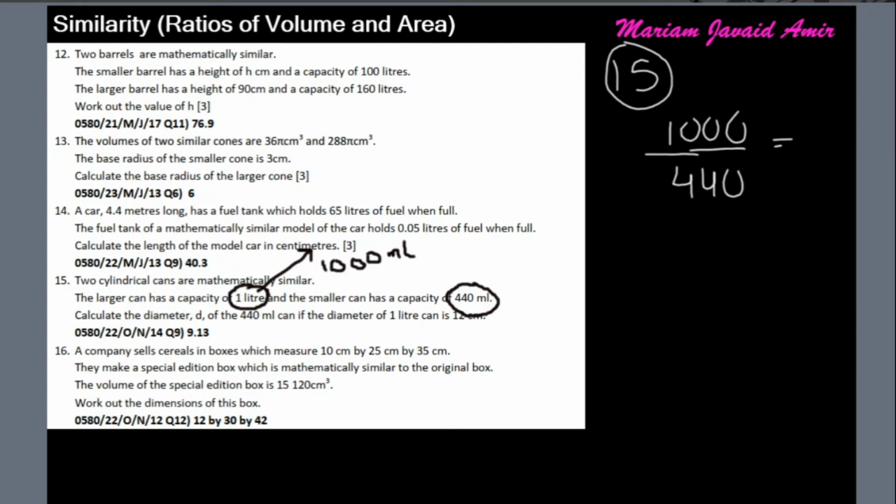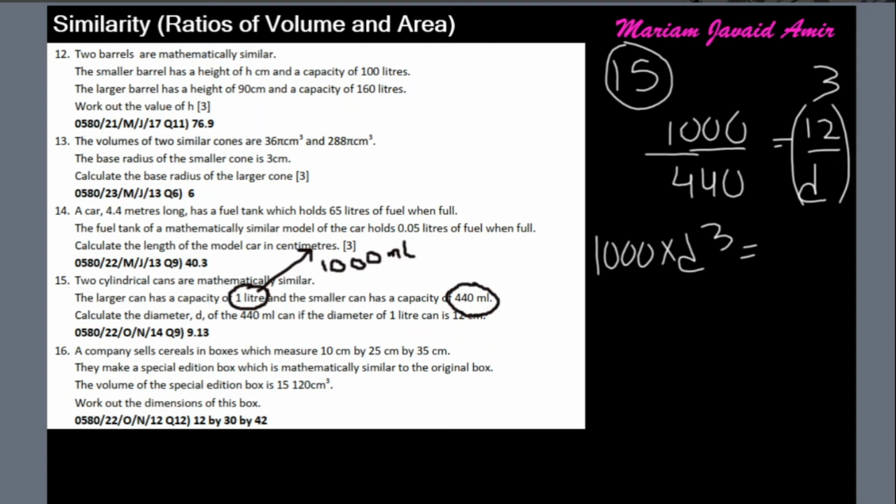So 1000 milliliters over 440 milliliters equals, calculate the diameter d of the 440 milliliter can, if the diameter of the 1 liter can is 12 centimeters, whole cube. So 1000 times d cube equals 12 cube times 440.